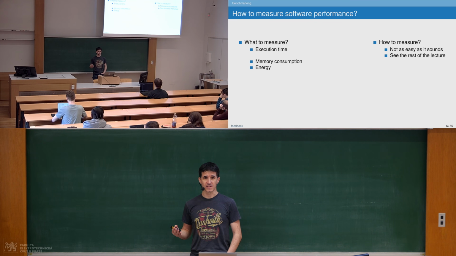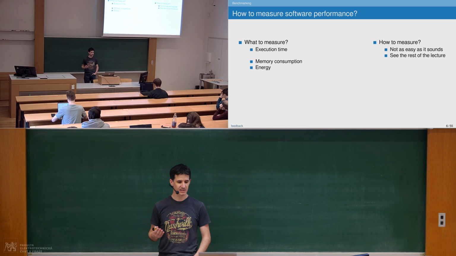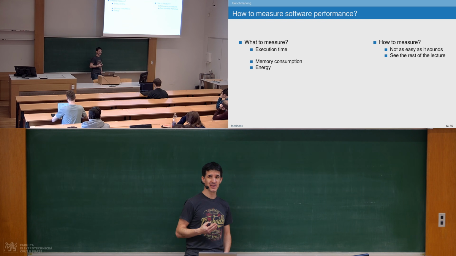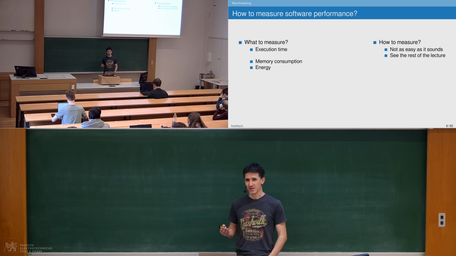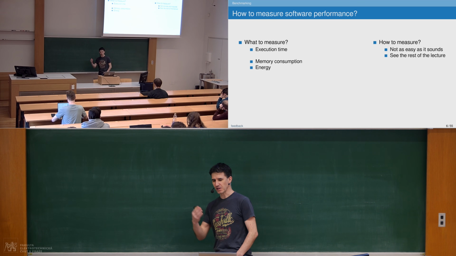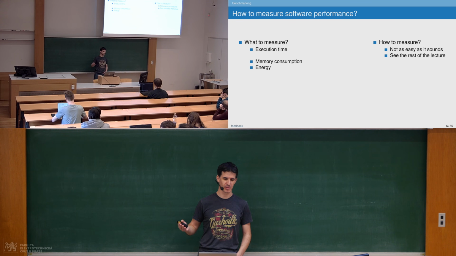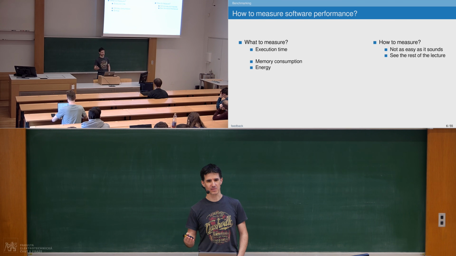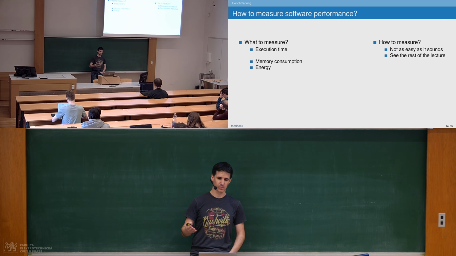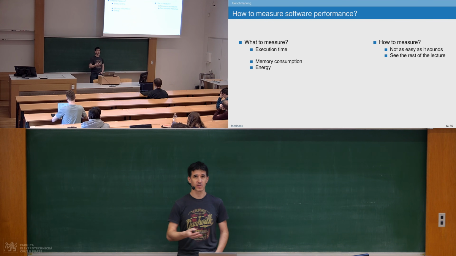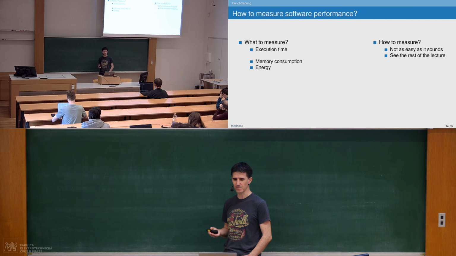The question is now how you can measure these things. And as you will see, it might not be as easy as it sounds. Even measuring how long it takes to execute a function can be quite challenging, because we have hardware which has a lot of caches, and you measure your execution time several times in a row, and every time you get different results. So how to deal with that?